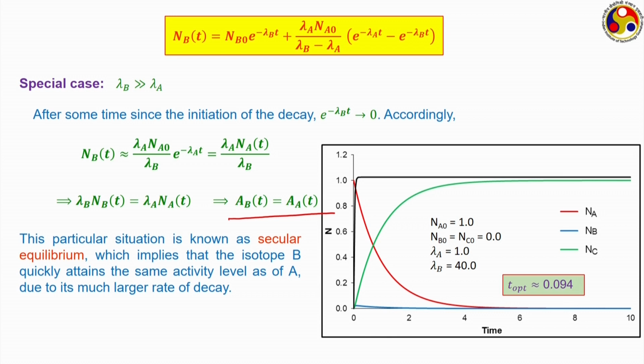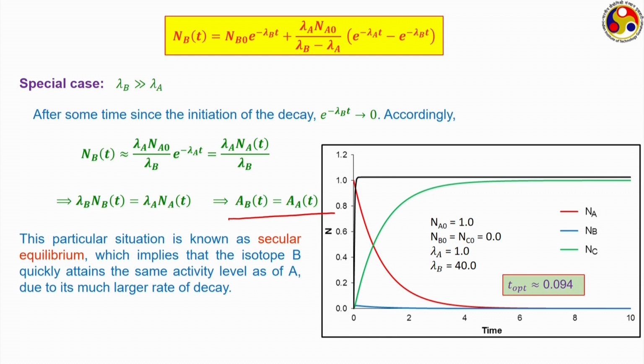And therefore, whenever we are talking about a very large difference in the activity level, or I should say the decay constant values, for two isotopes, particularly when the daughter isotope has a much higher rate of decay compared to the parent, then the daughter itself may almost vanish from the picture and lead to a similar activity level for both the parent and daughter.